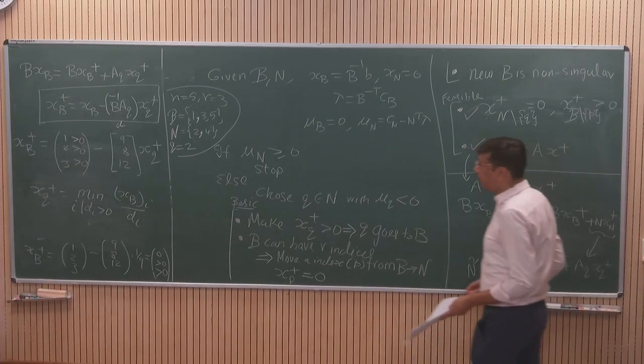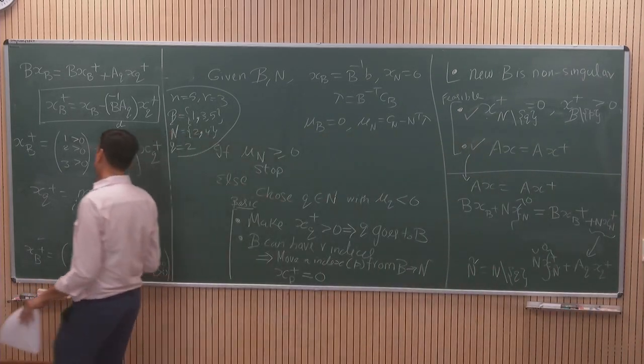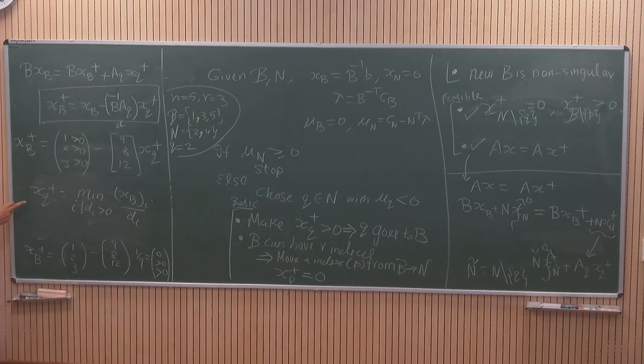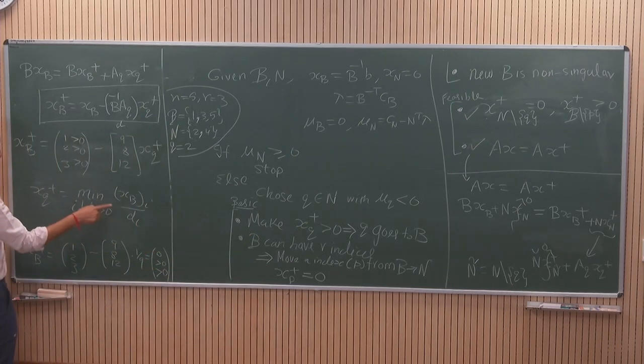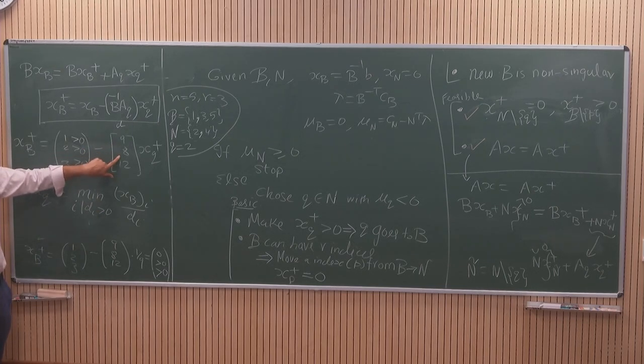Okay. So what we did was, by this choice of xq plus, we were able to get, first of all, are we getting this xq plus greater than 0 by this choice? So the di's can be equal to 0 or less than 0, but I am picking only those di's which are greater than 0.